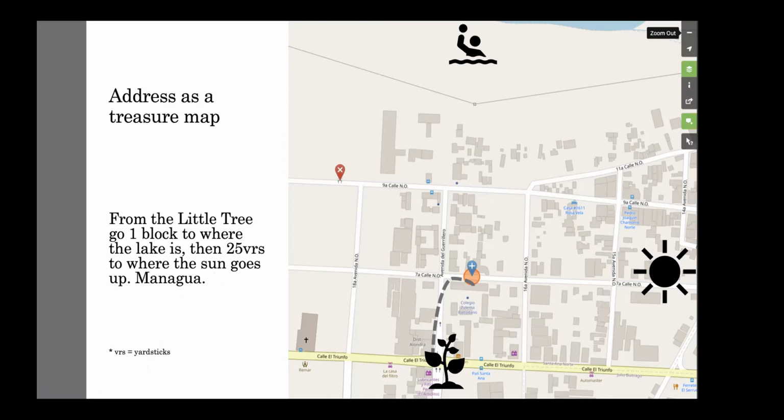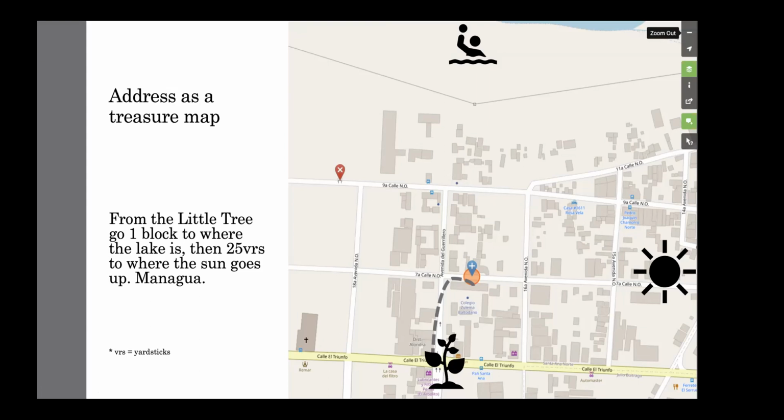It is the translation of arriba that we use in Spanish. On the contrary, we have down, or abajo, and that refers to where the sun goes down, or where the sun sets. Where the sun goes up is just the east. That's the same in every city in Nicaragua, and west is the down orientation.